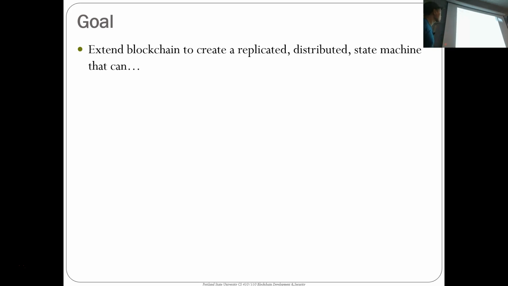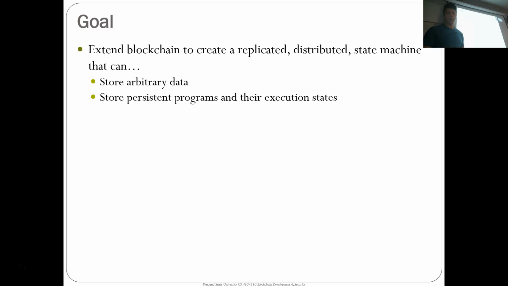His goal was to extend this blockchain to create a replicated distributed state machine that is able to store arbitrary data, not just unspent transaction output, which is what Bitcoin stores. Store persistent programs, so things that can be executed, and their execution states.